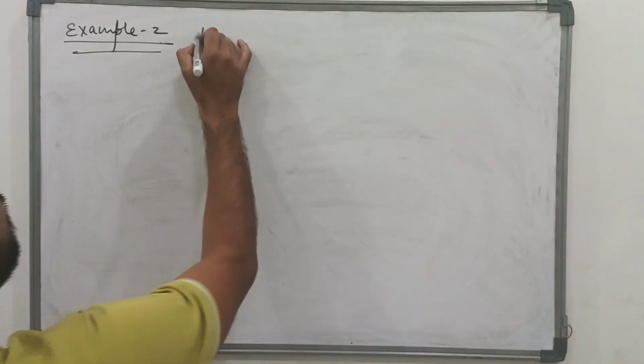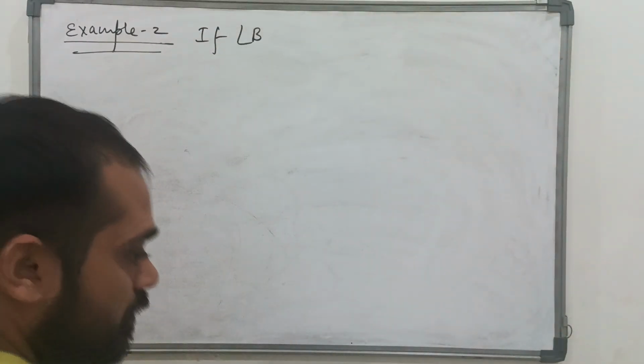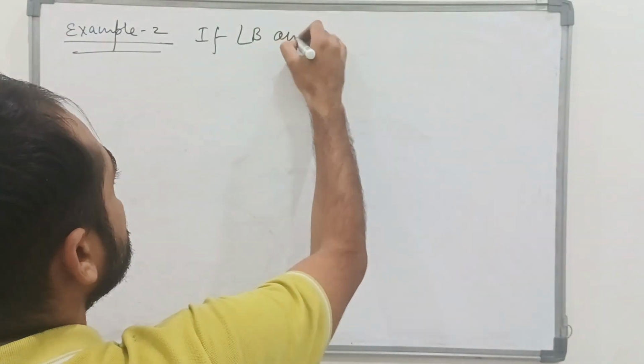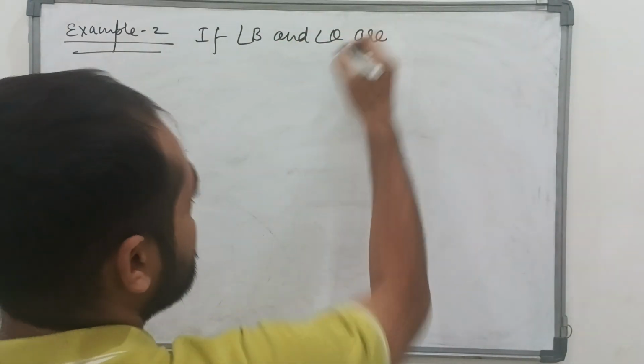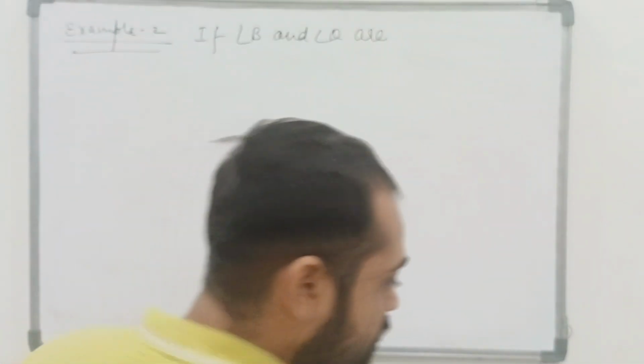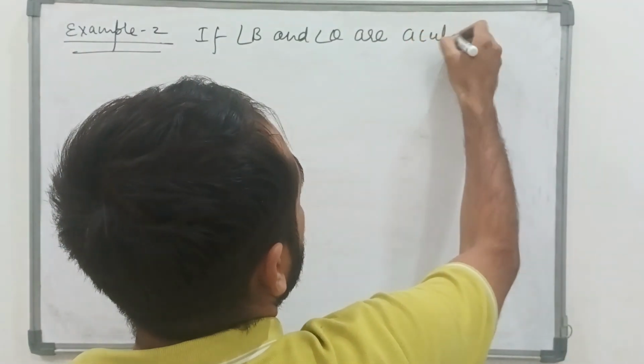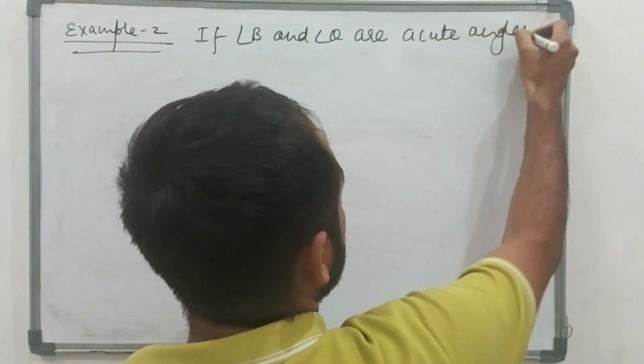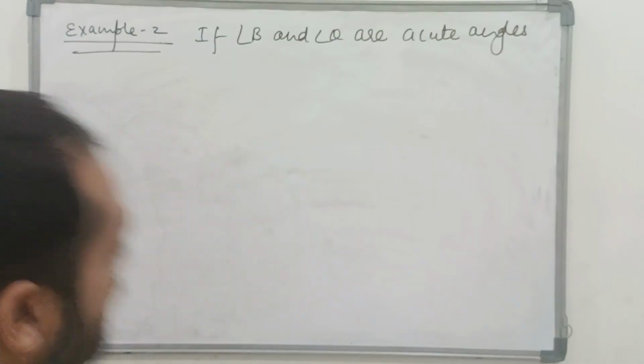If angle B and angle Q are acute angles, understood?